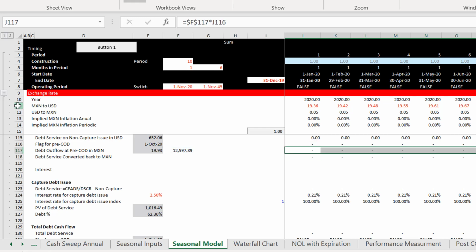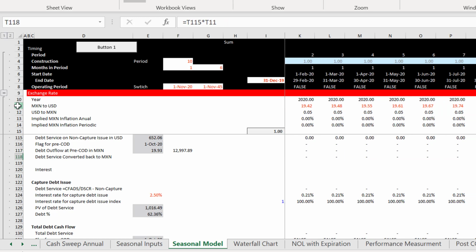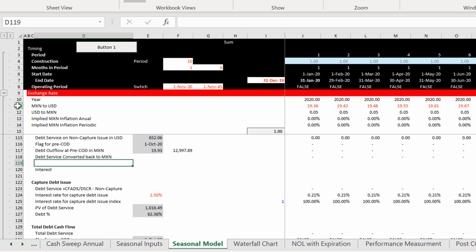Okay, so that's our outflow, and then we have the inflow in Mexico in pesos, and then we'll have the net cash flow. Again, that's in MXN. This one's the inflow minus this one's the outflow.